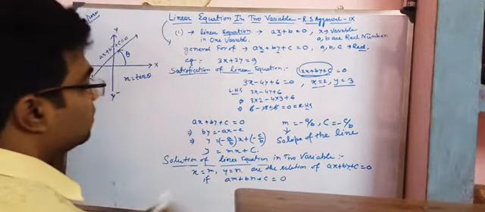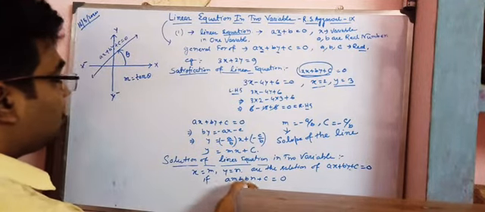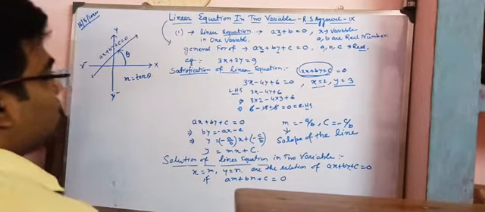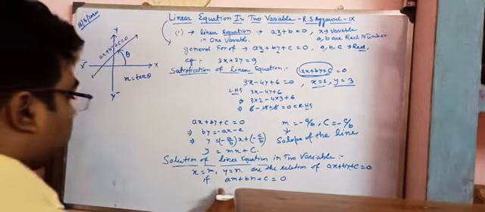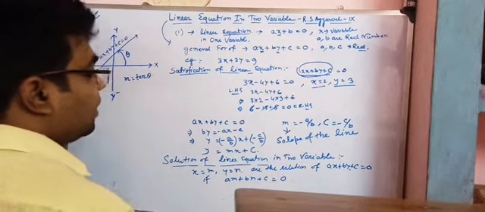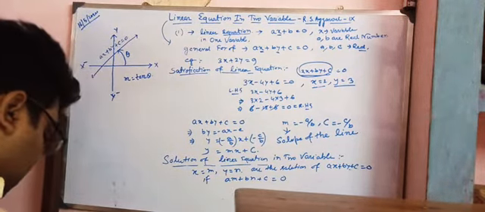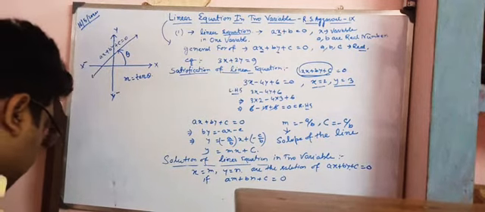If this happens, it means the values of x and y satisfy the linear equation. That's why we call x equal to m and y equal to n the solution of this linear equation. It's clear? So that's the introduction.